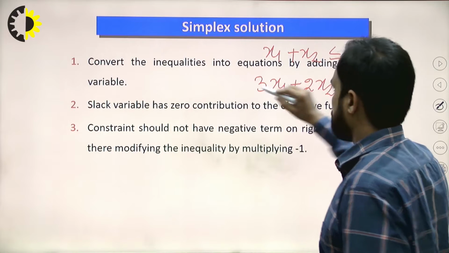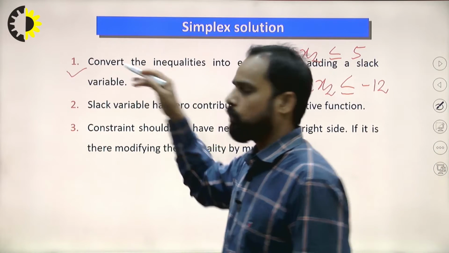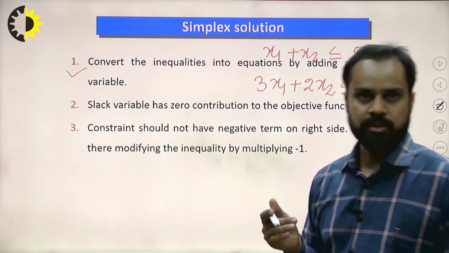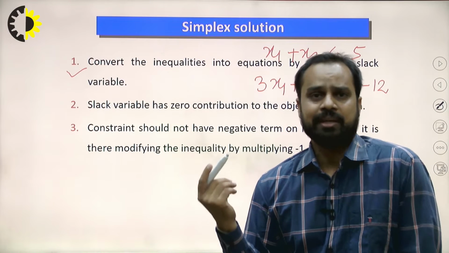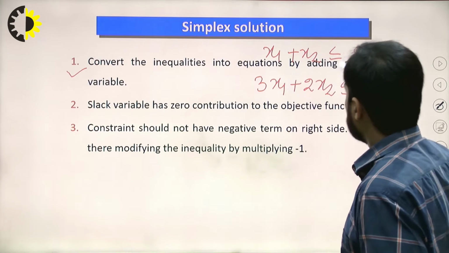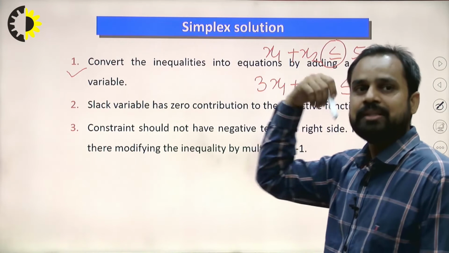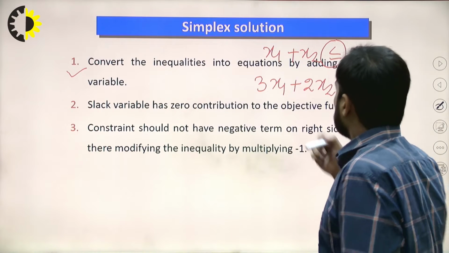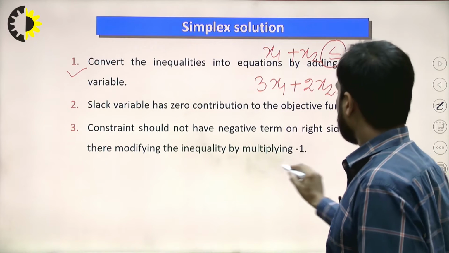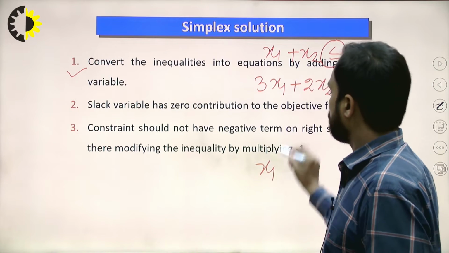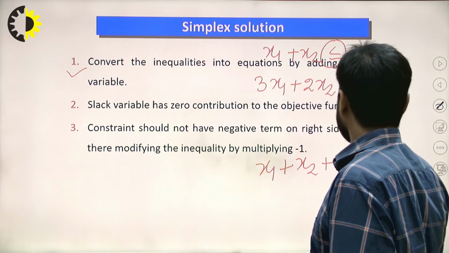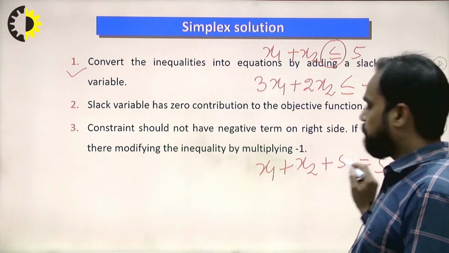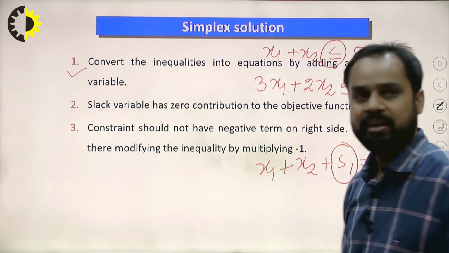So first step of any simplex method, we have to convert inequalities into equations. Whenever we convert inequalities into equations, we require slack and surplus variables because the constraint is of less than type. So here a slack variable is required. I can write this equation: x1 plus x2 plus s1 is equal to 5, and that variable is known as the slack variable.